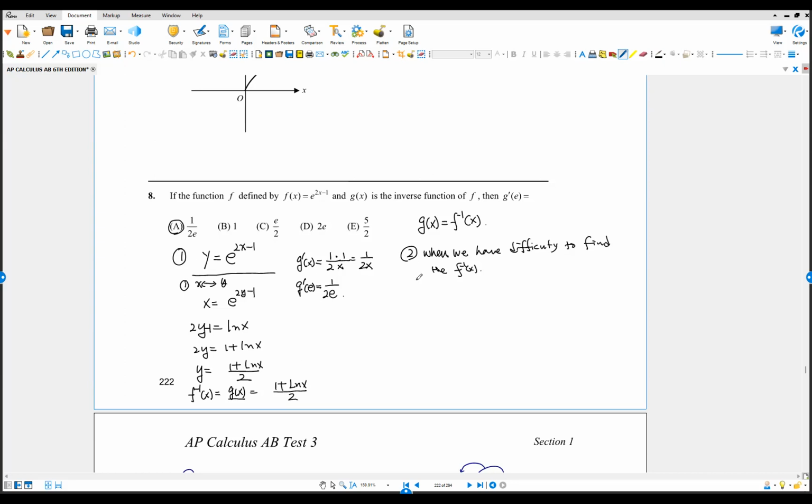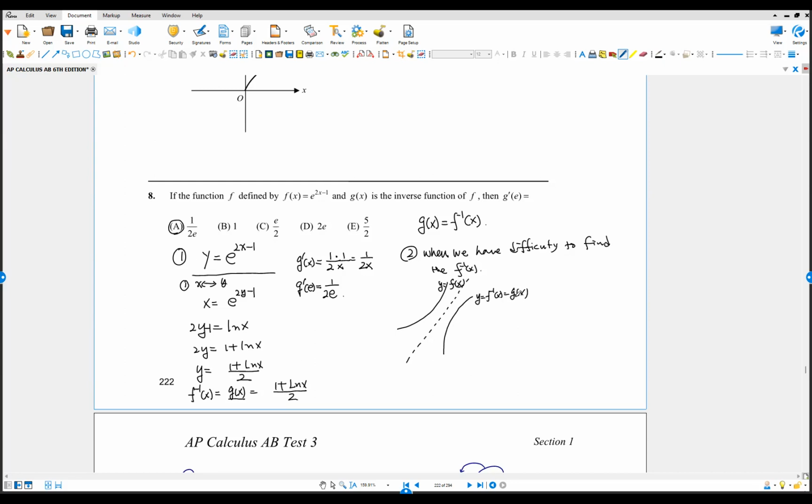For example, this is the original y equals f of x. The inverse is always symmetric, and this is the inverse, y equals g of x.